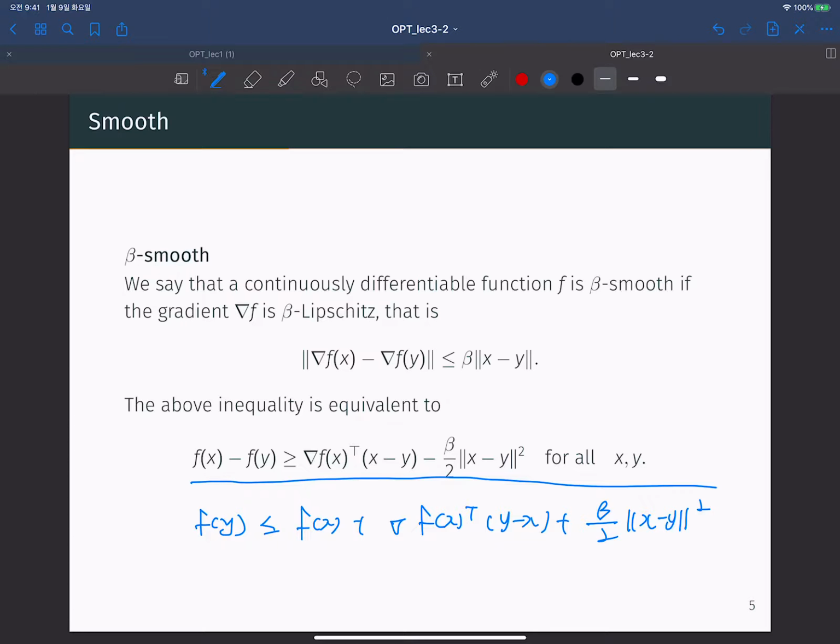So again, this is the tangent line, and this is the additional square term, a quadratic function, right?